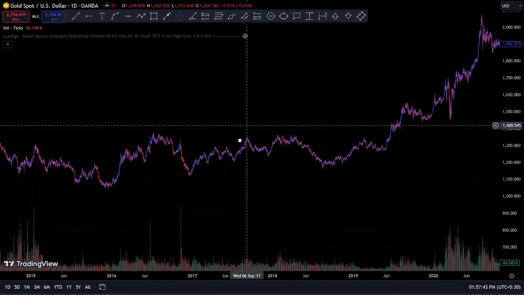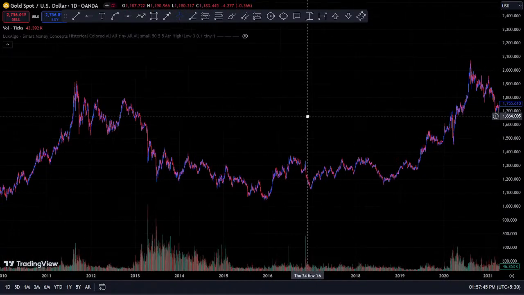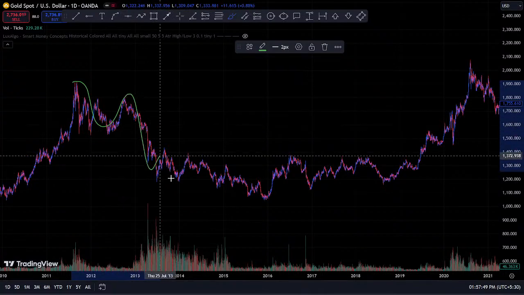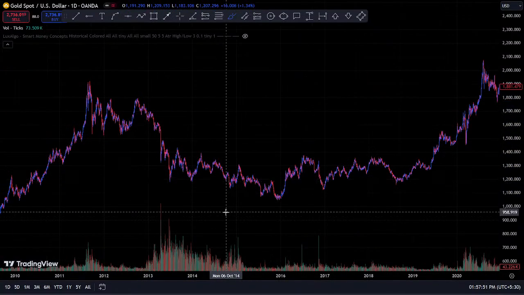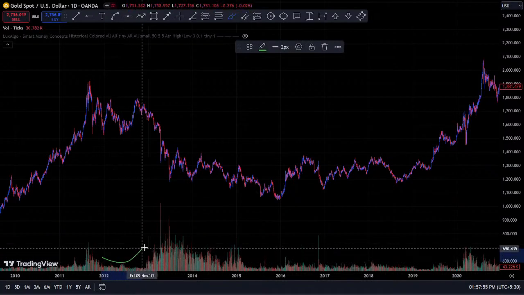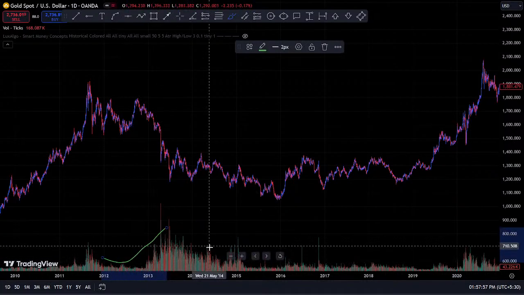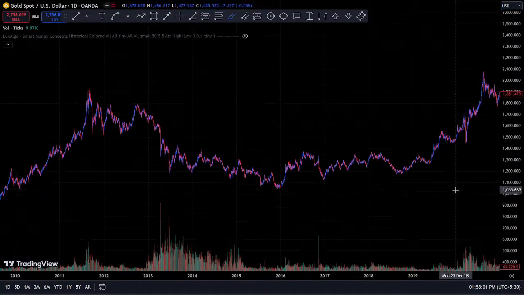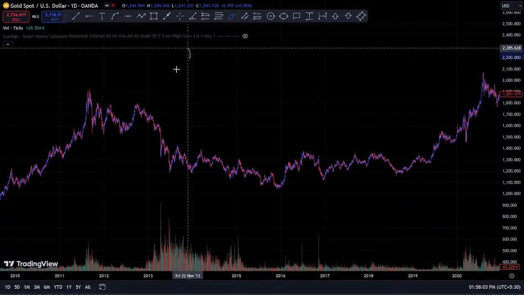So this is a gold chart. The gold was continuously falling down. It was crashing, and as a result, you can see over here, volume is increasing with time, which indicates that more people are not interested in buying the gold.